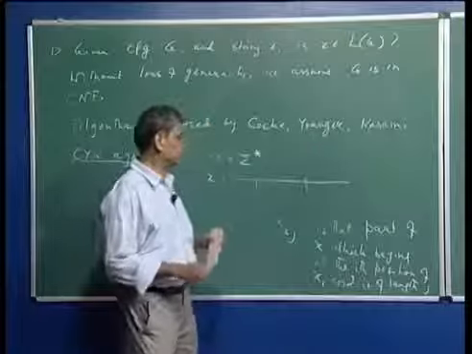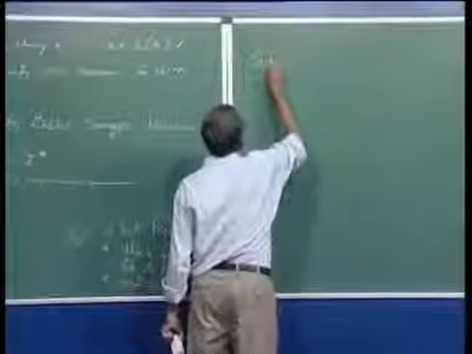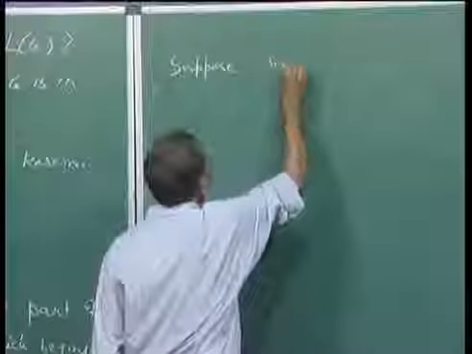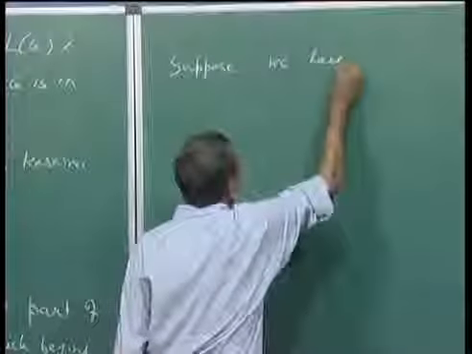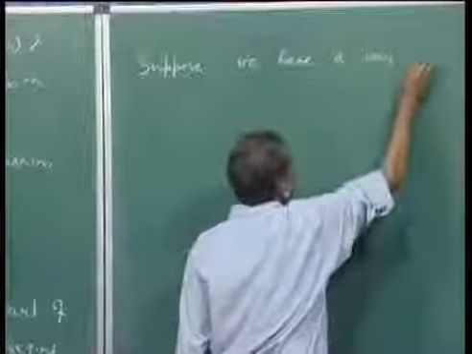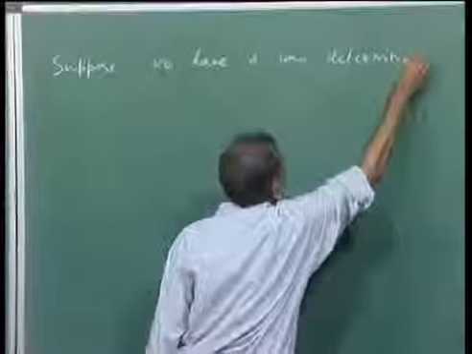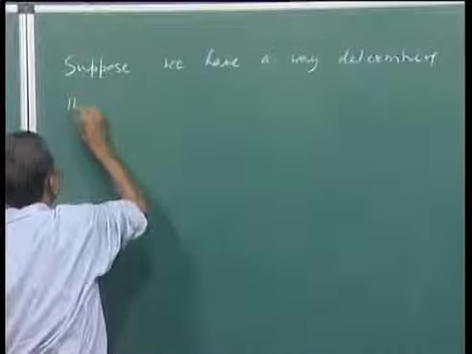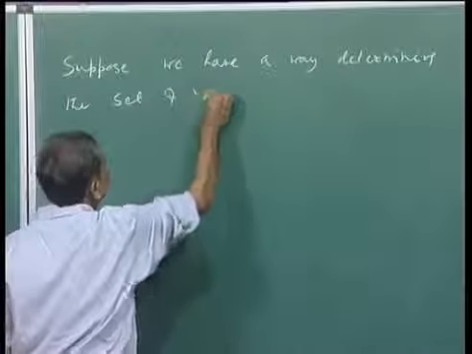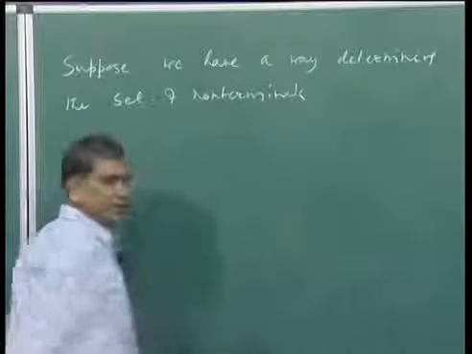Now suppose in some way we have a way of determining the set of non-terminals that can generate Xij.